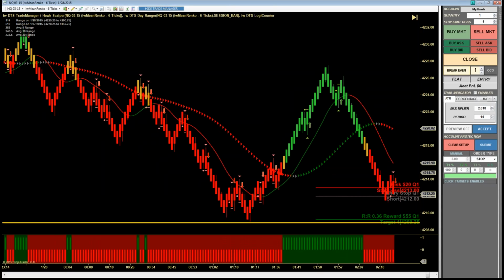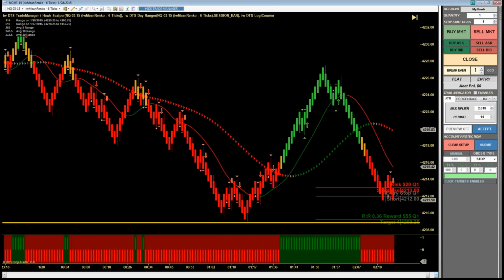The mistake, too, that most people will make is they'll look at the reward side and then they're going to try to fashion a trade to fit that reward. So they're going to go like this and like this and they're going to say, okay, based on the reward I have, this is the trade I can take. This gives me a 2-to-1.